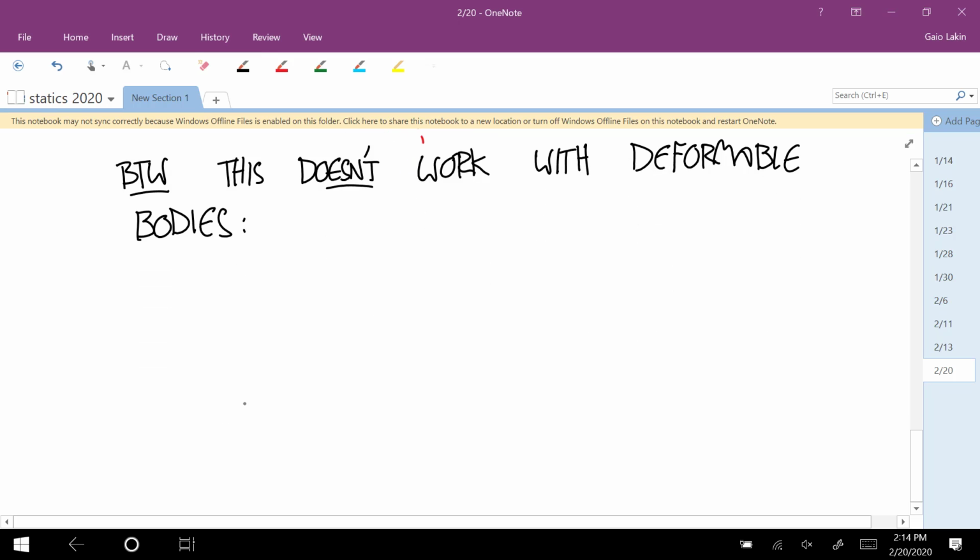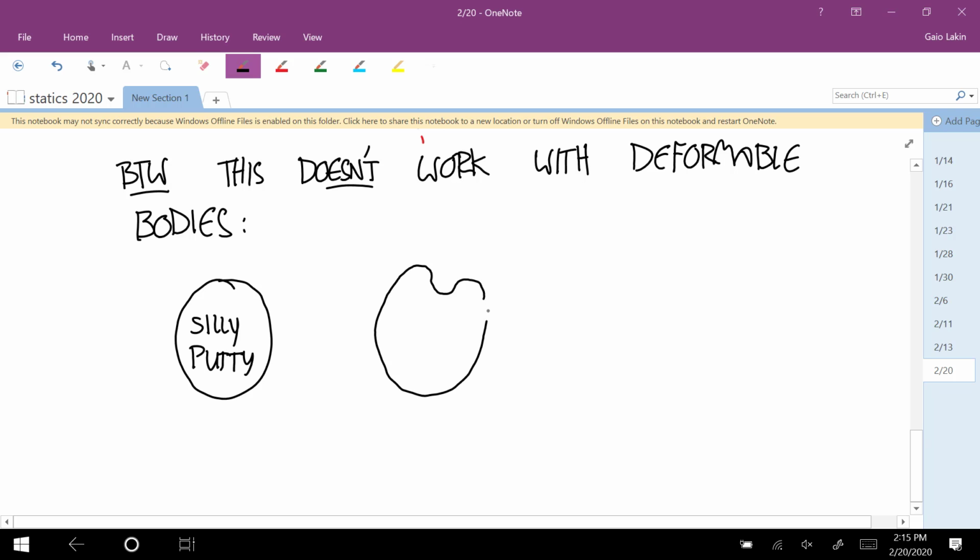So say that you have an object. You start with this blob of silly putty. If you apply a force to it up here, it would do that.